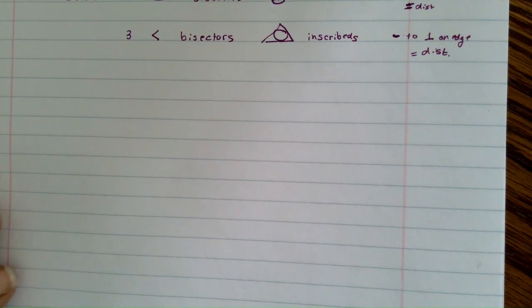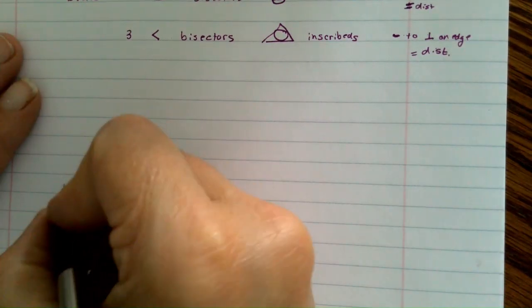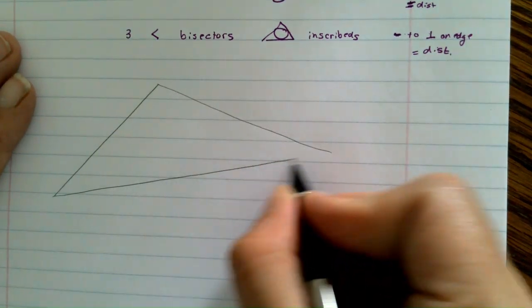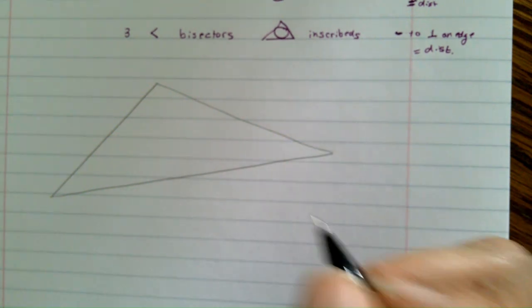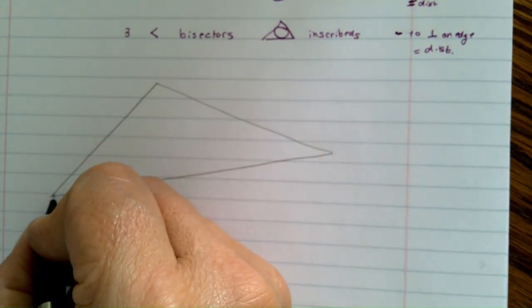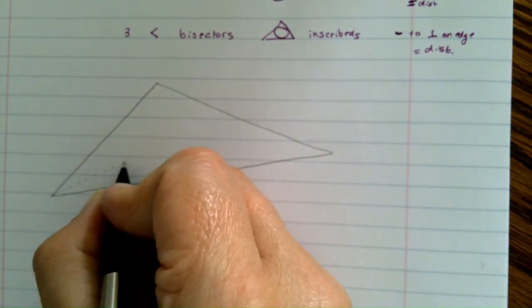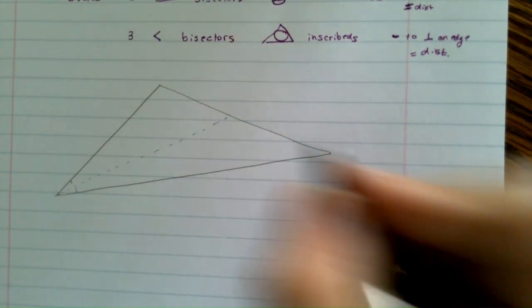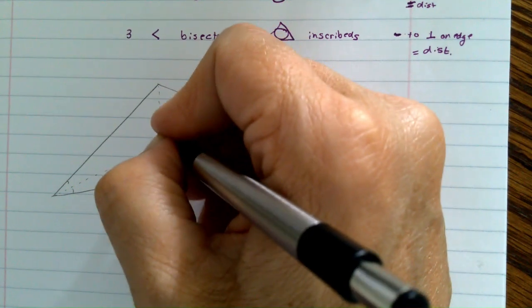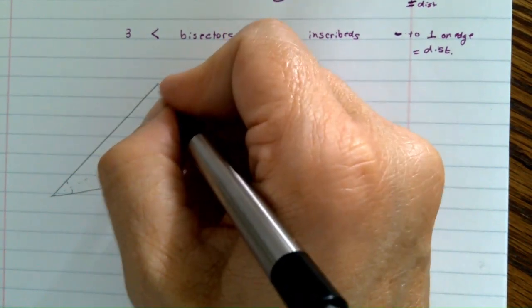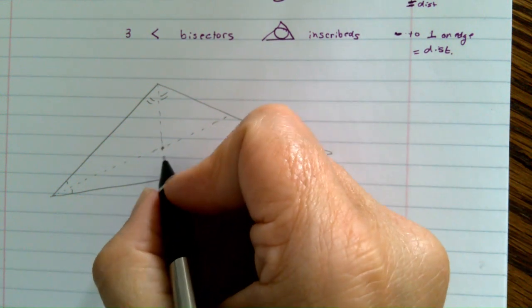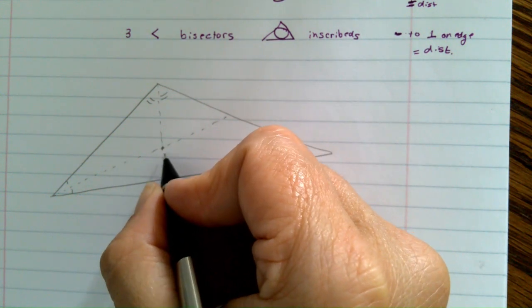So let's say I gave you a big triangle ABC. Okay, and I drew this and marked it, and I drew this and I marked it. Okay, so we've got that, right? Now, this isn't quite perpendicular, right?